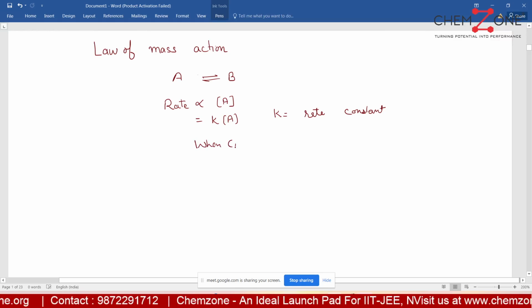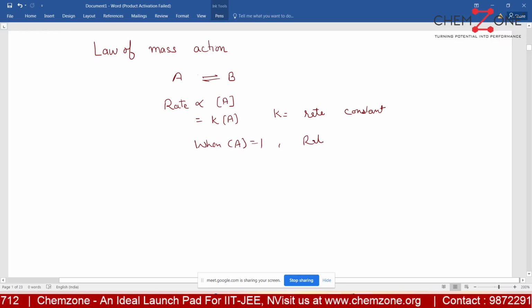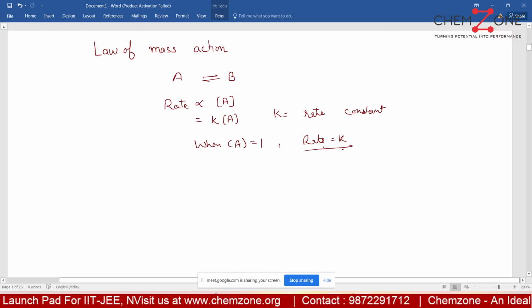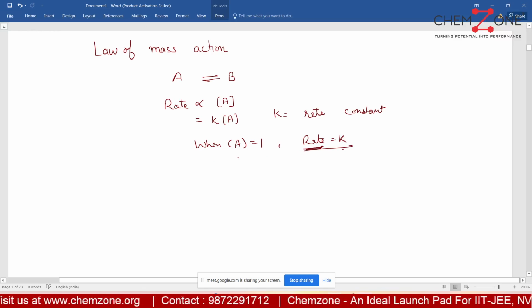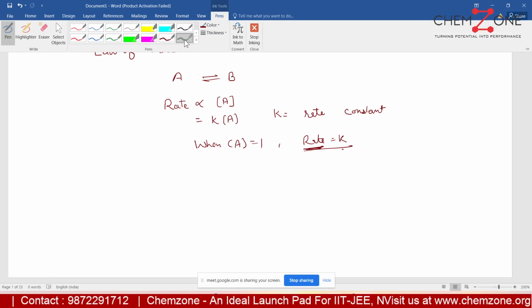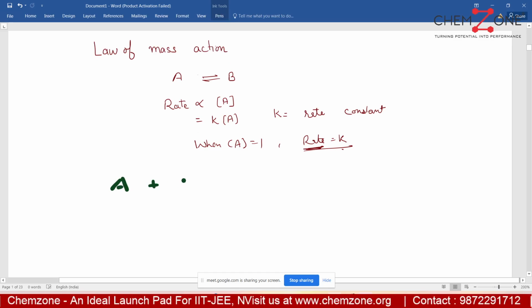When concentration of A is taken as 1, the rate will be equal to K. It means rate constant K is equal to rate of reaction when concentration of reactant is taken as unity. Am I clear?